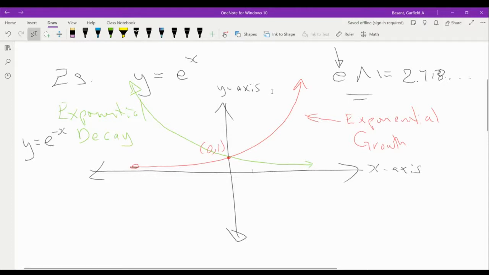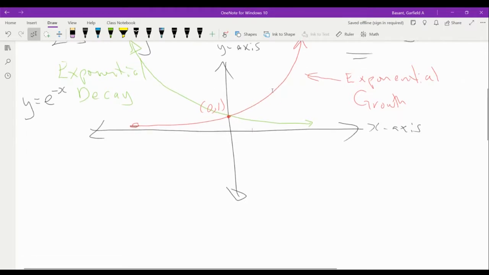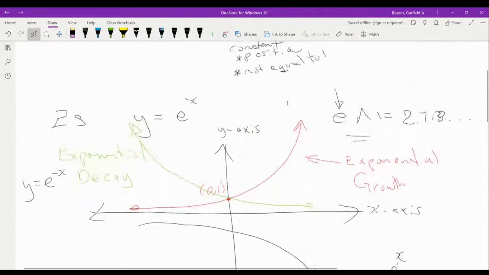If we put a negative in front of the e, what happens? Error? No. What happens to the graph? Flips over the x-axis, I agree. So a graph that looks like this would be y is equal to negative e to the x. So it's just flipping the one in red. Now be careful here.